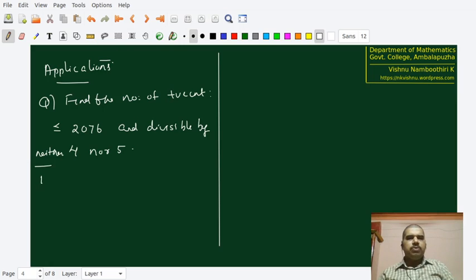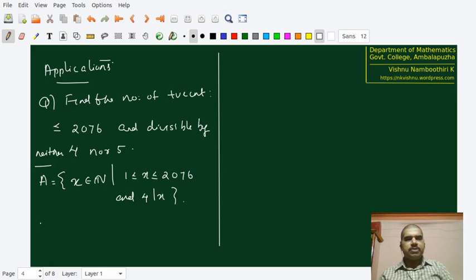For taking that indirect route, suppose that x is a natural number, and A is the set of x such that 1 ≤ x ≤ 2076 and 4 divides x. That means that we are considering all the multiples of 4 in the range 1 to 2076.